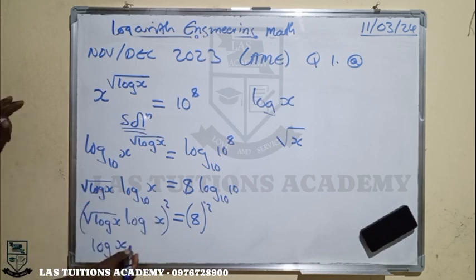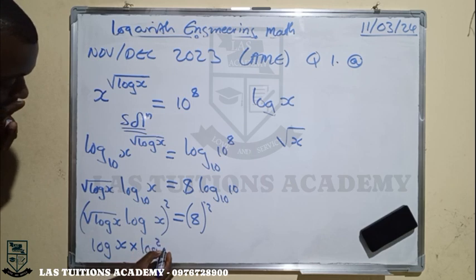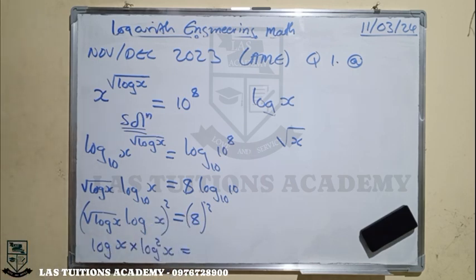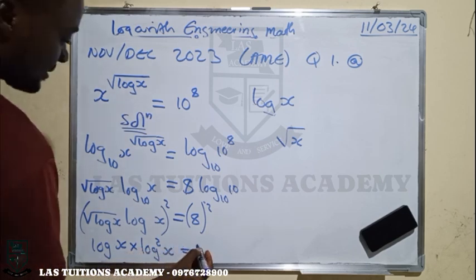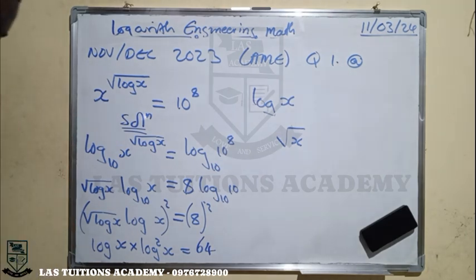So it will be times log squared x is equal to, what is 8 squared? Jibala, what is 8 squared? 64. Good. So we get 64 there.